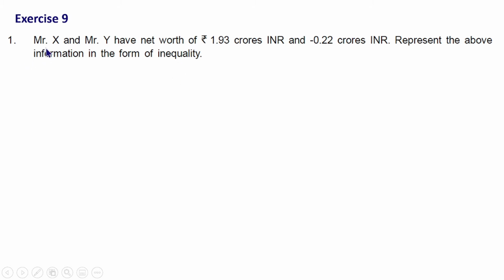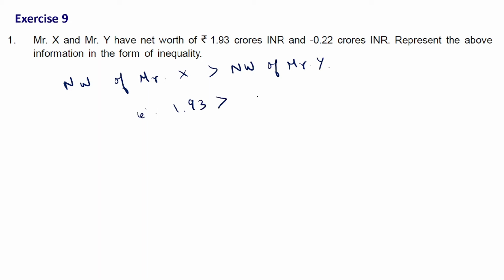Here we can see that the net worth of Mr. X is more than the net worth of Mr. Y. So we can write net worth of Mr. X greater than net worth of Mr. Y, or 1.93 greater than -0.22.